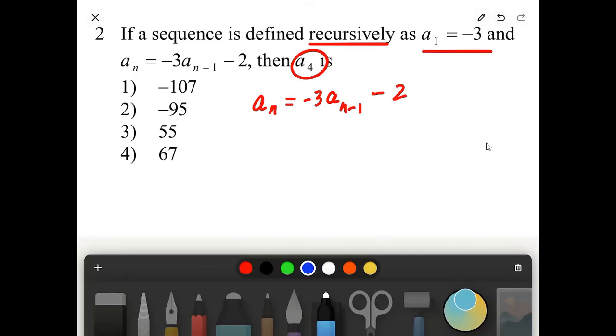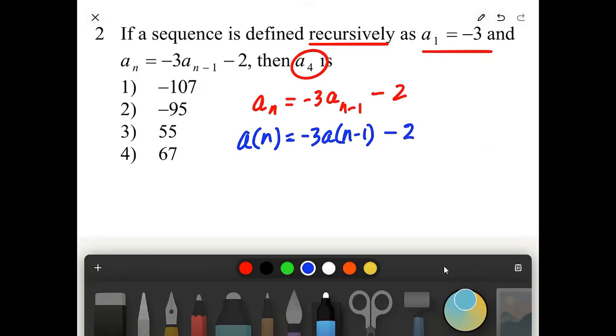Wherever you see a subscript, you're going to make it into parentheses. So this is going to be negative 3 times a, and then this subscript of n minus 1, we're going to put inside parentheses and make it (n minus 1), and then it's going to be minus 2. That's all you do. And once you've entered that into the calculator, it'll actually calculate the recursive sequence for you.